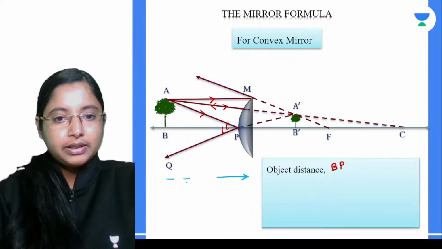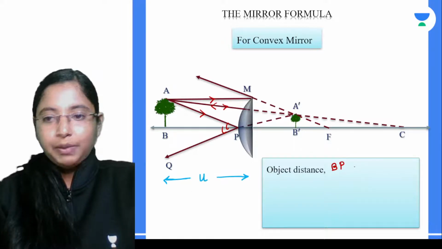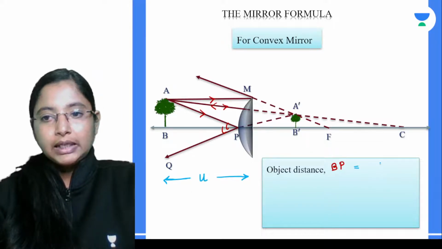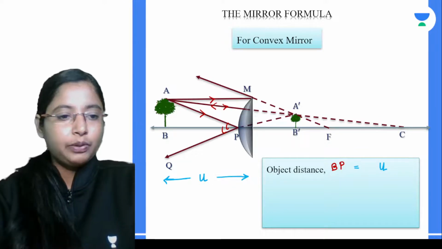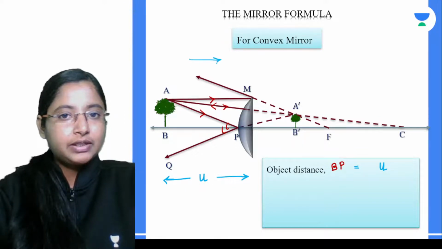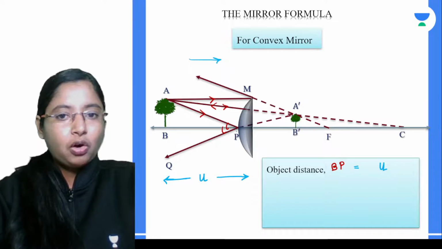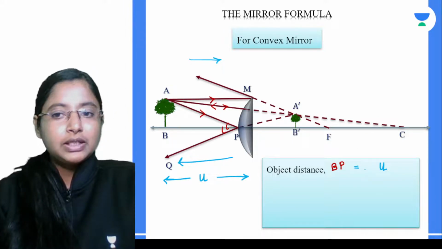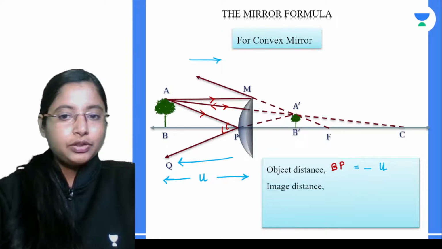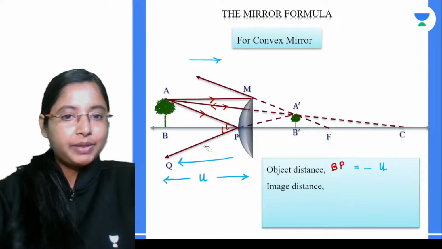This distance is basically U. Object distance is taken as U. Once again, the incident ray is in this direction, and all measurement has to be done from the pole. So from the pole to the object, the distance measurement is in the opposite direction to the incident ray. So this is negative.